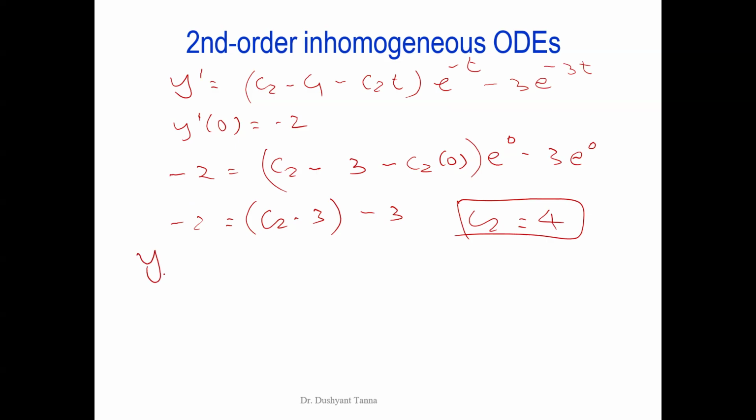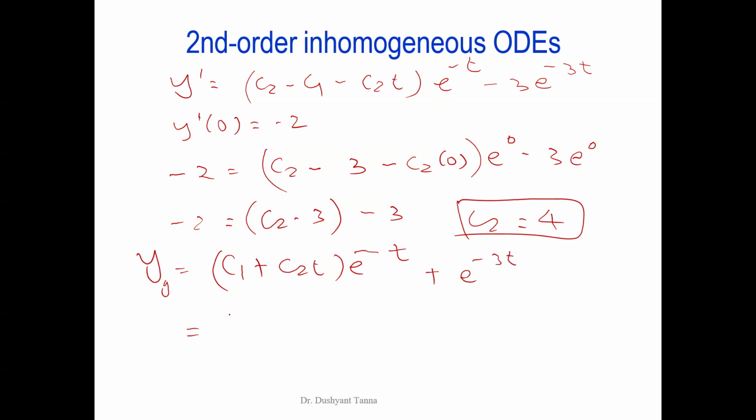The final solution. What do we get? yg, or simply y, was c1 plus c2 t, times e raised to minus t, plus e raised to minus 3t.